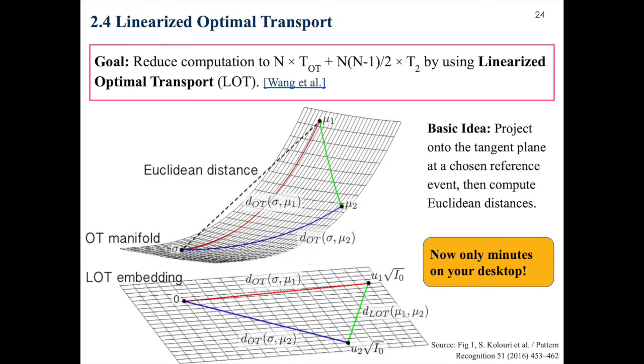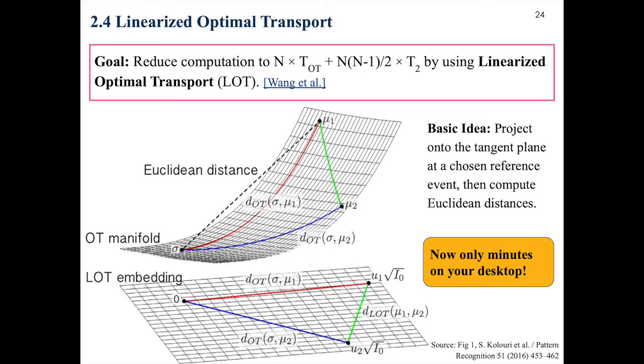Because now we only need to compute the OT distance between the reference and each of the data points, instead of between pairs of data, we have also successfully reduced the OT computation from n squared to n. And as a benchmark, computing the LOT distance for more than 100,000 data points on an iMac takes only 10 minutes, whereas the task is infeasible even if we move to our UCSB cluster, which is not so fancy, by the way.